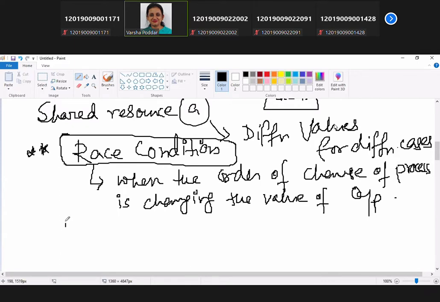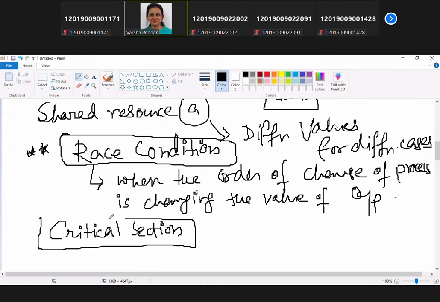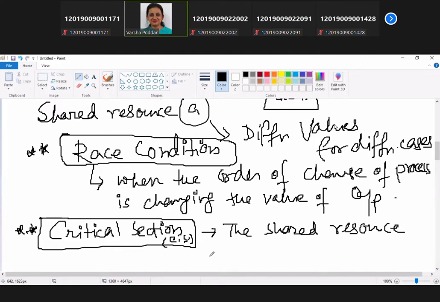Second one is the critical section. What is it? Again, you can find different definitions, but to be very simple, the critical section, CS, is the shared resource which may undergo racing, or you can say a race condition.